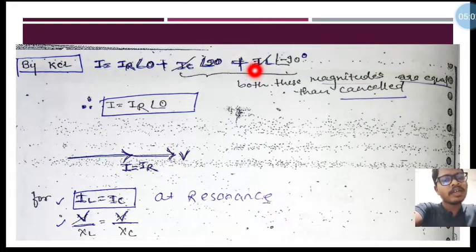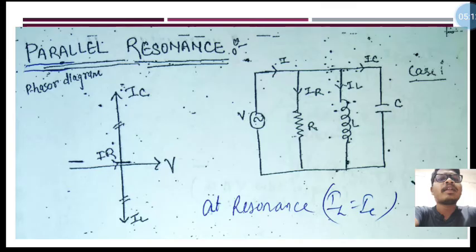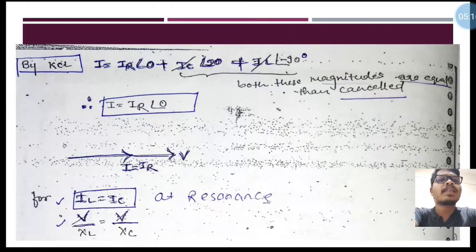The current across the inductance lags the voltage by 90 degrees in the clockwise direction, so we take minus 90 degrees. We already know that at the resonance condition the inductive current and the capacitive current are the same, so if they are the same, then the j term will cancel here.